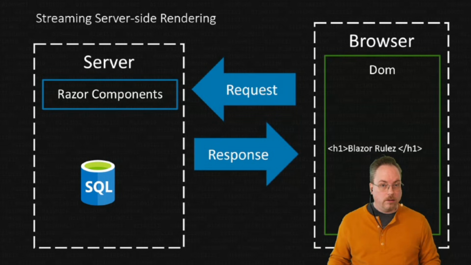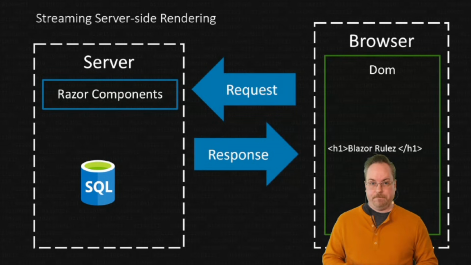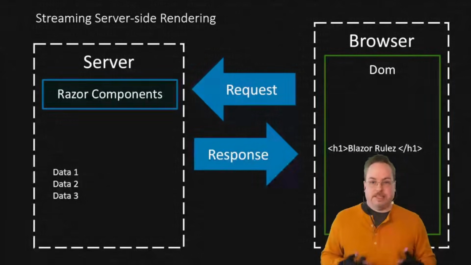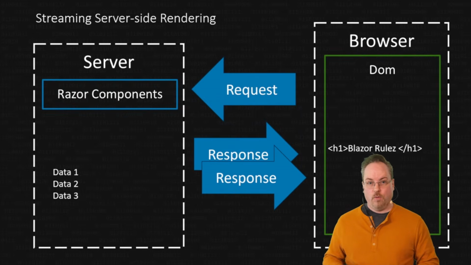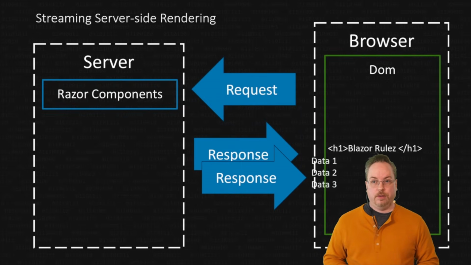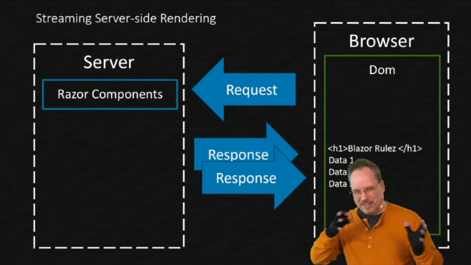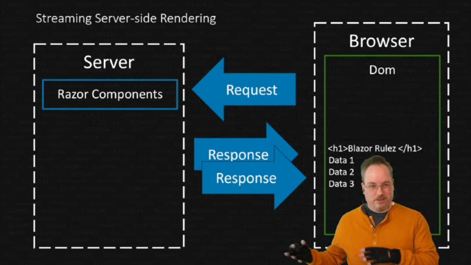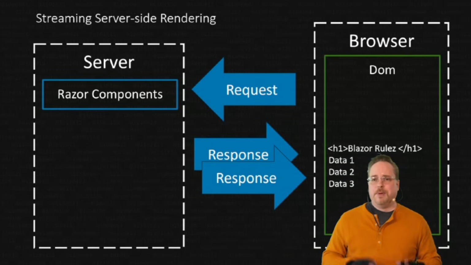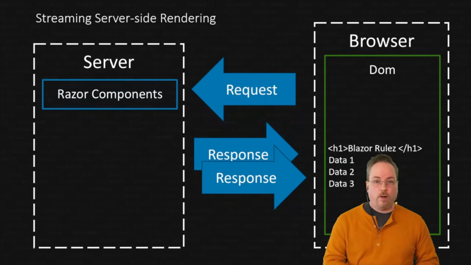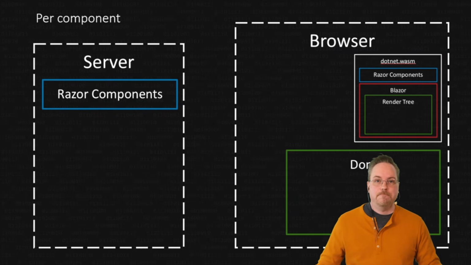We don't know when, but we're going to get some more data. And as soon as that data is done, it's going to send that over the wire. Now, it's not an actual extra response here. It's a fetch promise that's just going to send that over the same connection, basically. But again, there's no WebAssembly involved. There's no SignalR involved in this at all, which is super cool. And we're going to see that in action in a bit as well.